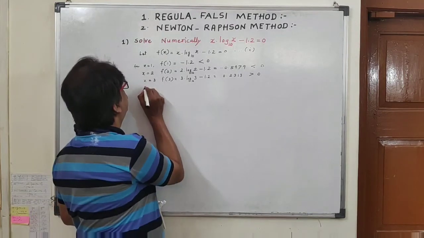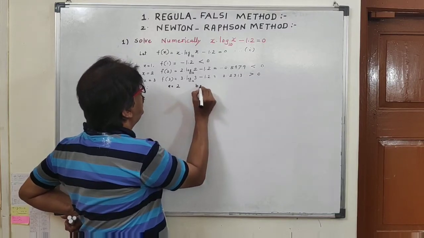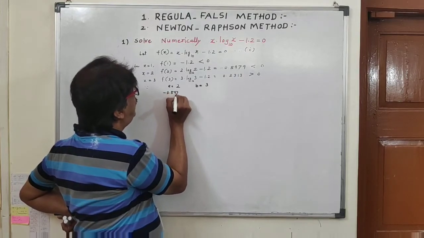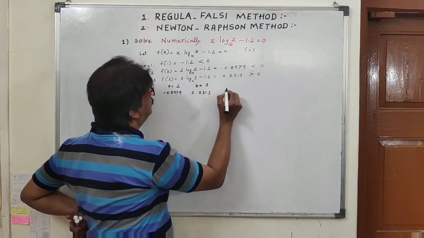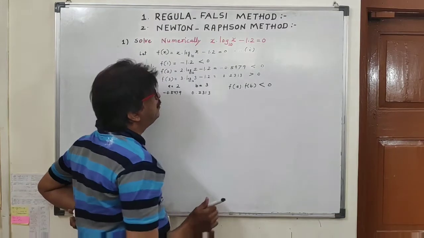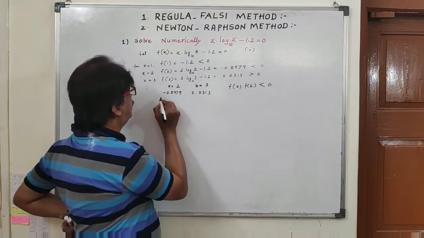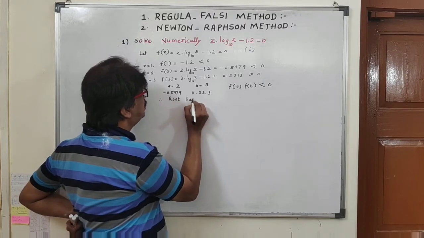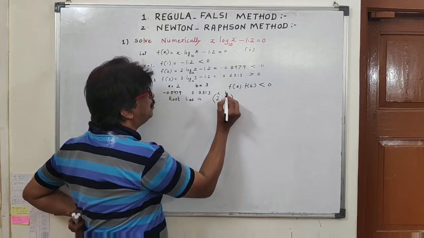Hence, a is equal to 2, b is equal to 3, f of 2 is minus 0.5979, f of 3 is 0.2313. f of a into f of b is less than 0, because f of a is negative and f of b is positive, so they are of opposite signs. Therefore, the root lies in 2 and 3. So this is my value of a and this is my value of b.